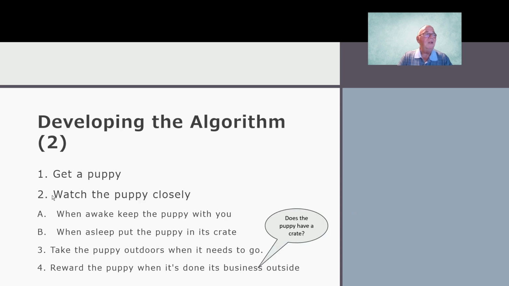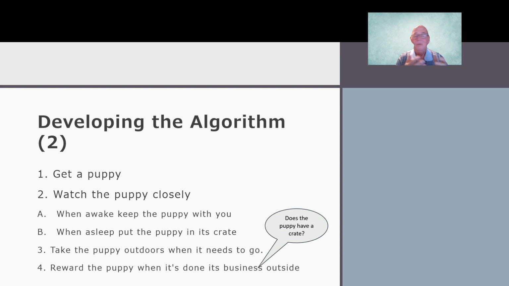And so what I've done is I take that second step and I've broken it out. I said, okay, watching the puppy closely requires two sub-steps: when I'm awake, I keep the puppy with me, and when I'm asleep, I put the puppy in its crate.